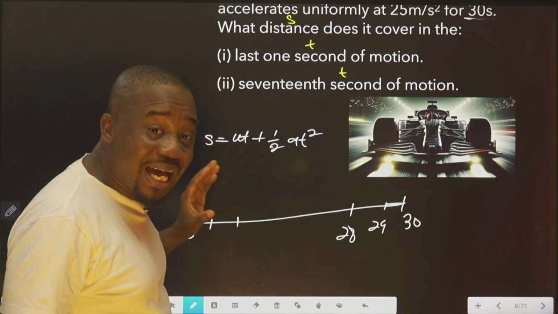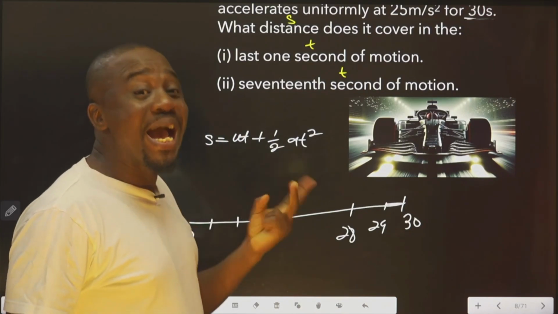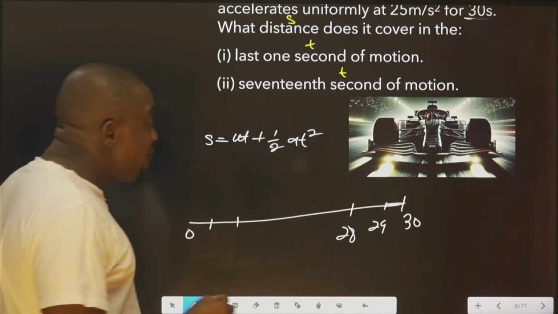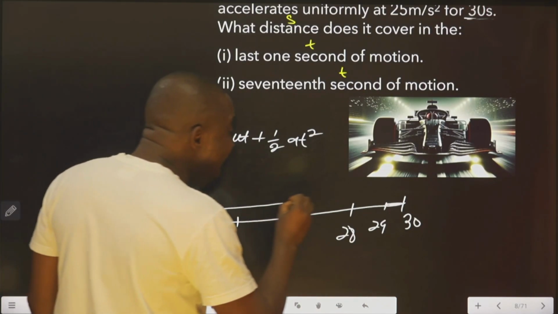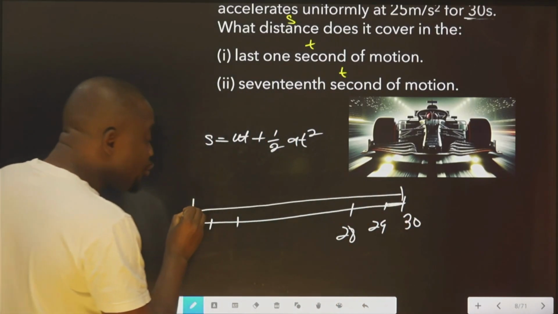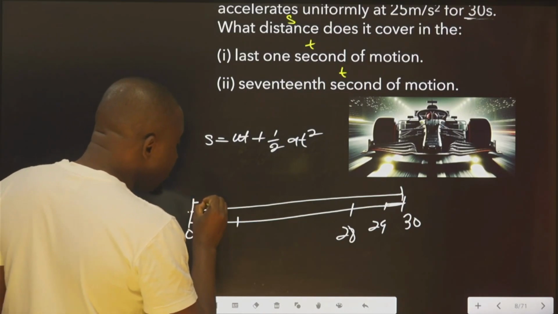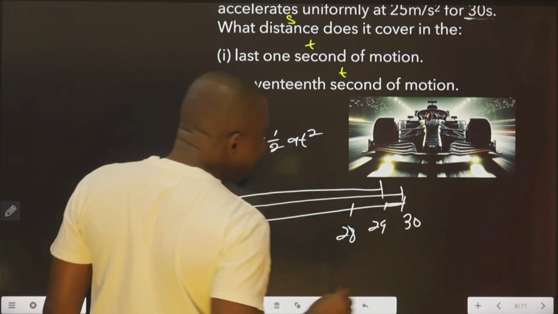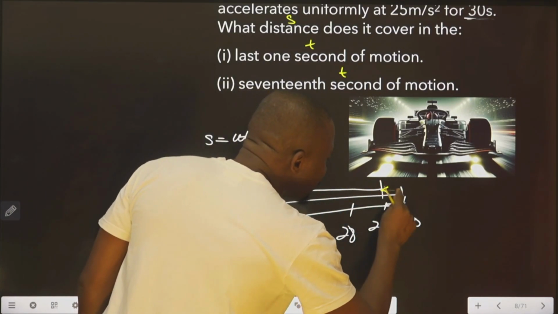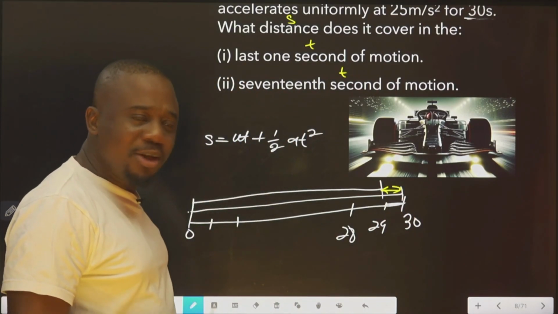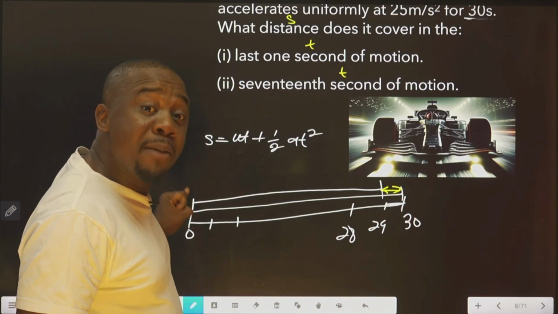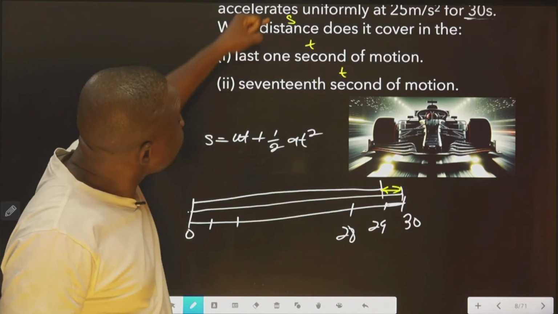Applying this formula, it means we are going to use it 2 times. The distance covered from the beginning to 30, minus from the beginning to 29, gives us this remaining one. Because if you don't include the beginning, we can't use the u.